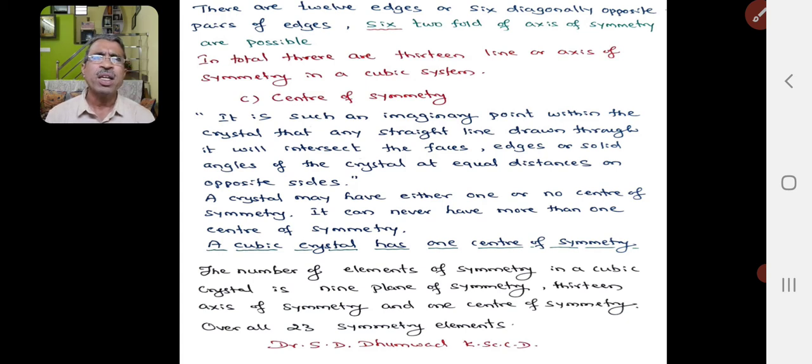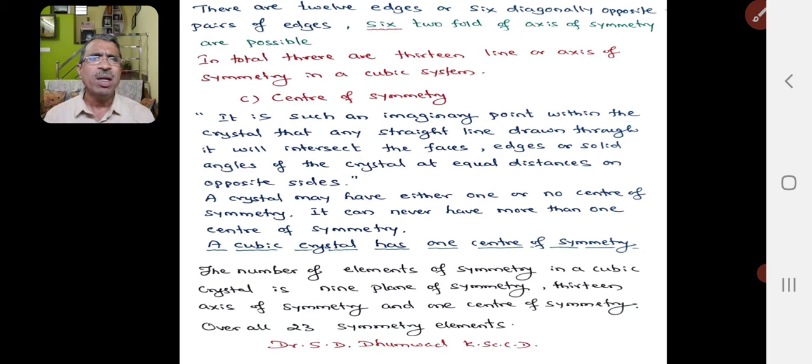It's a very important statement. A crystal may have either one or no center of symmetry. Of course, in the cubic system, a cube has one center of symmetry.